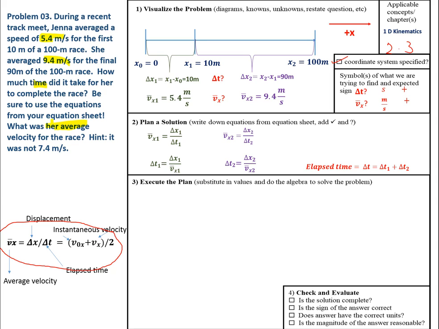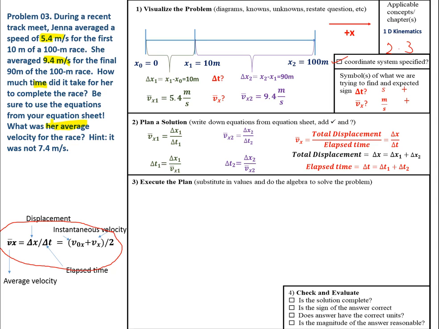Very simple. And once you add the displacement for each segment, you get the total displacement. And when you have the total time interval and total displacement, you can use this equation to calculate Jenner's average velocity for the race.